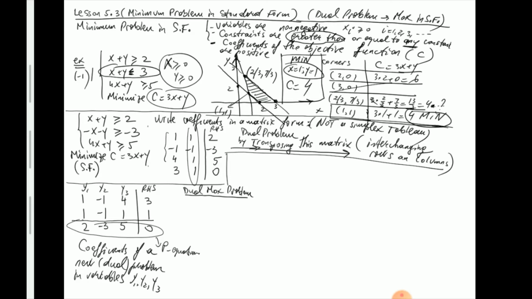That means we're going to have y1 minus y2 plus 4y3 less than or equal to 3, followed by y1 minus y2 plus y3 less than or equal to 1. And we need to maximize P equals 2y1 minus 3y2 plus 5y3.